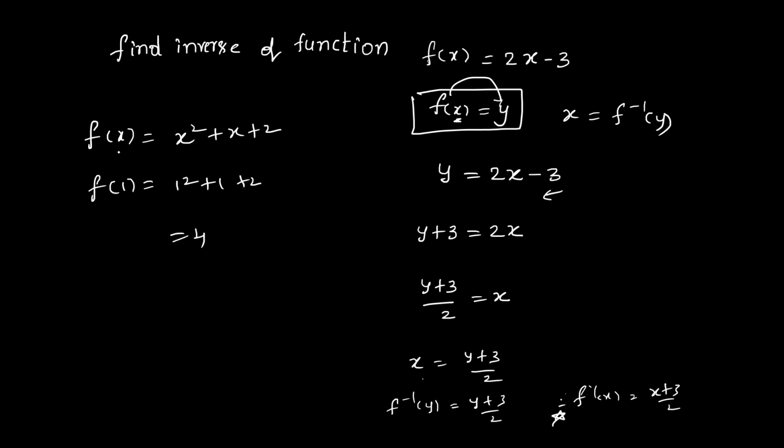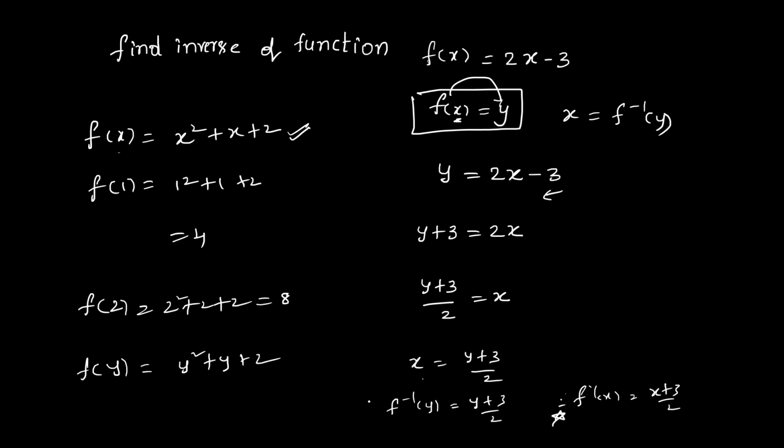Now, if f of x is this function, what will be the value of f of 2? 2 square plus 2 plus 2, which is 8. Now, for f of y, it is y square plus y plus 2. That means a function is always a varying quantity. Whatever value of x we substitute, it will become that value.